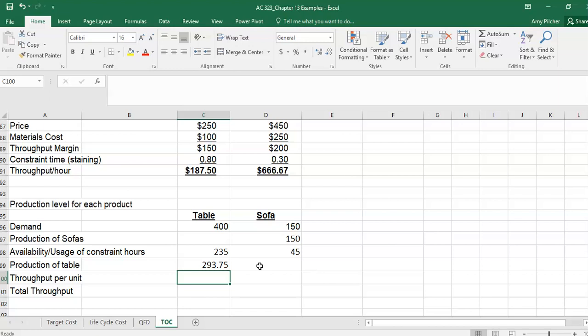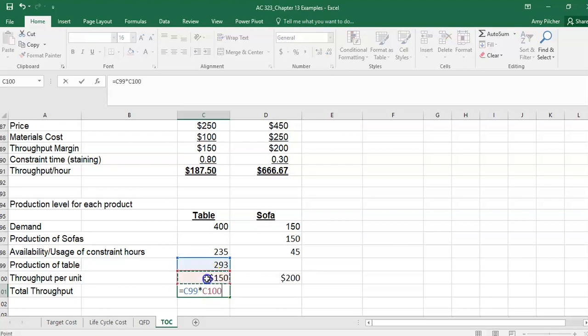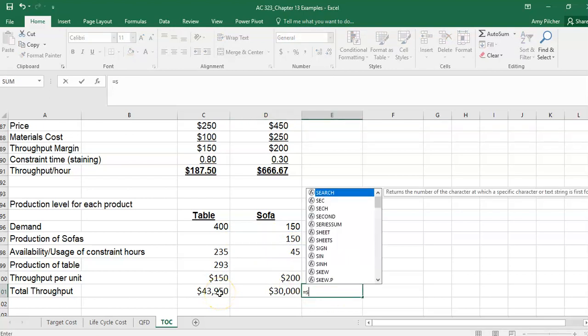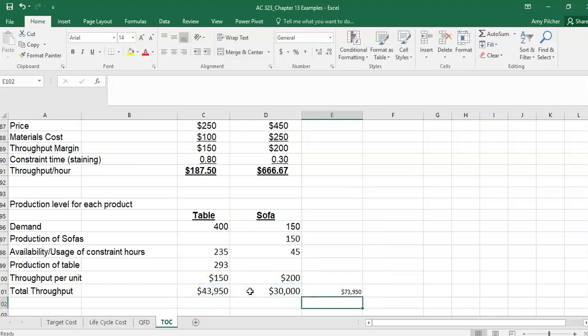If we make 294 tables, somebody has to put in overtime. So 293 tables. We then have the throughput per table or per unit that we have up here. So we take the production times the throughput per unit, and we get our total throughput for monthly production of 73,950.